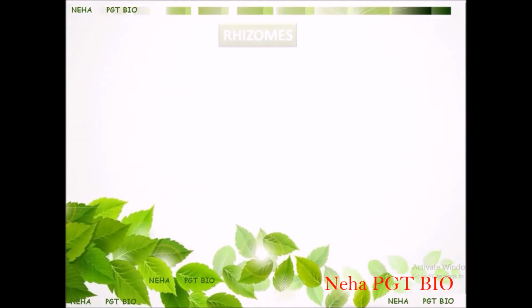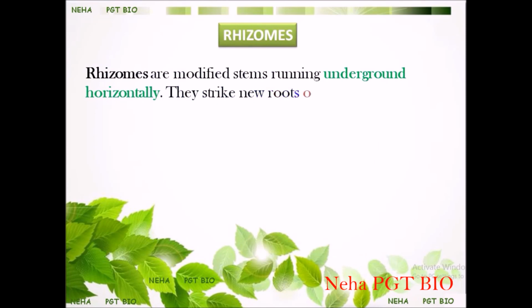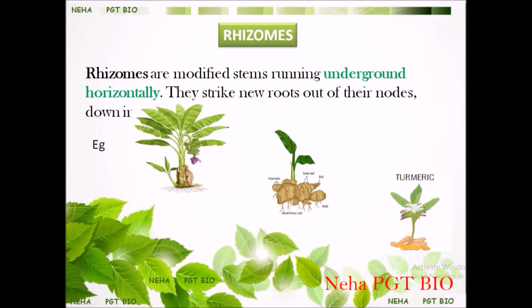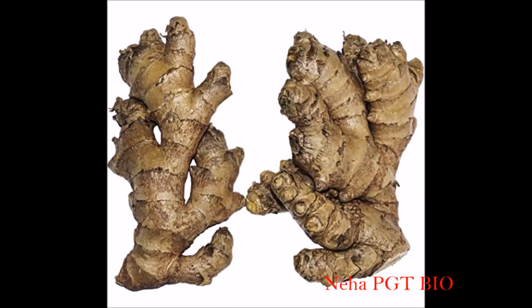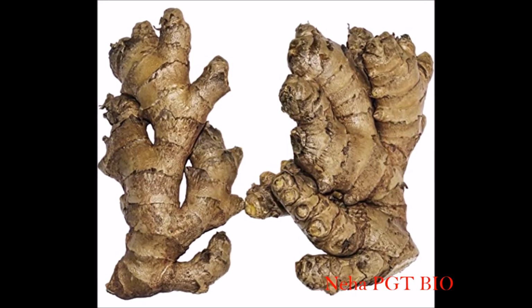Another example is rhizome. Rhizome is actually an underground stem which helps in formation of new plants, as in the case of banana, ginger or turmeric. If we observe ginger very carefully, we can observe a distinct line on its body surface.